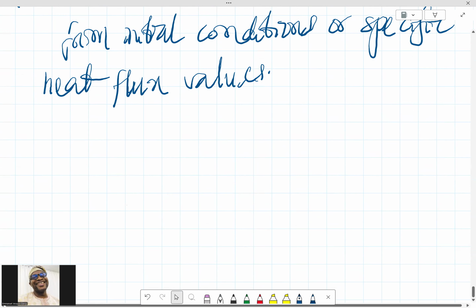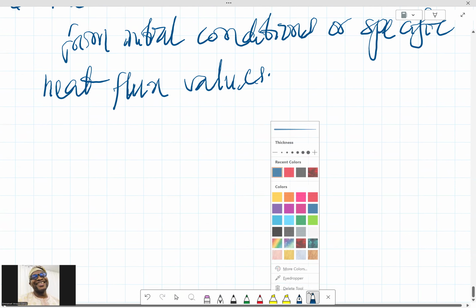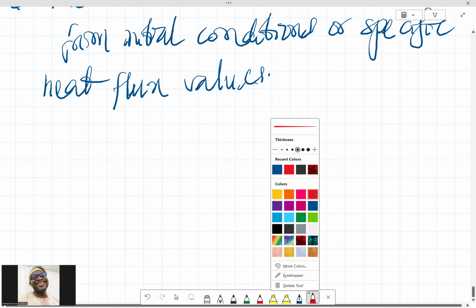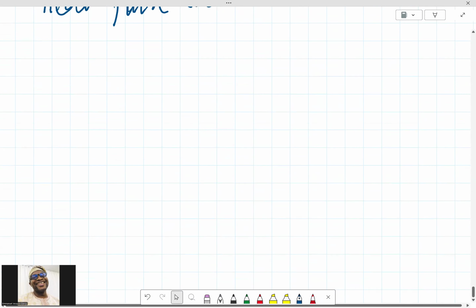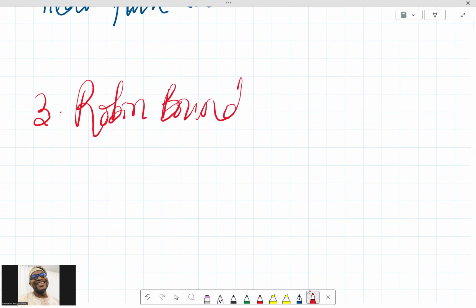So that goes. Now let's look at this, and let's use what we have already there. So this third type of boundary condition is what you call the Robin boundary condition, which is a mixture now.